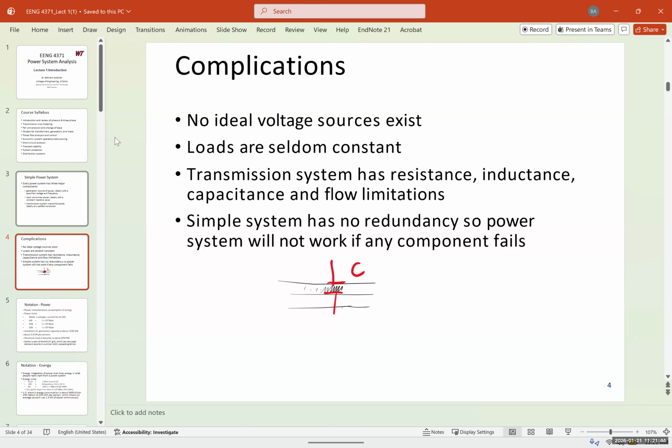Yes? I thought that the capacitance in transmission lines was between your lines and the earth. Yes, it's between, as I mentioned, this is neutral. This is one of the phases. It could be between neutral and one of the phases, or even two of the phases because they have a different phase. There's a system we call bundling the lines, and I'll explain about that as well.